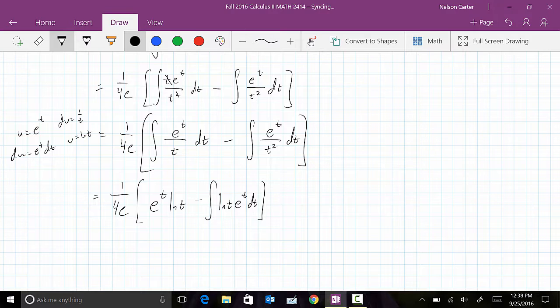I was thinking in my head, oh, that's going to be a neat trick because I have an ln and an e, but that's not as neat as I thought it was going to be. It's rare that you want to pick the exponential to be the thing that you're going to differentiate, and I don't think this is going to work out as slick as I thought it was going to.